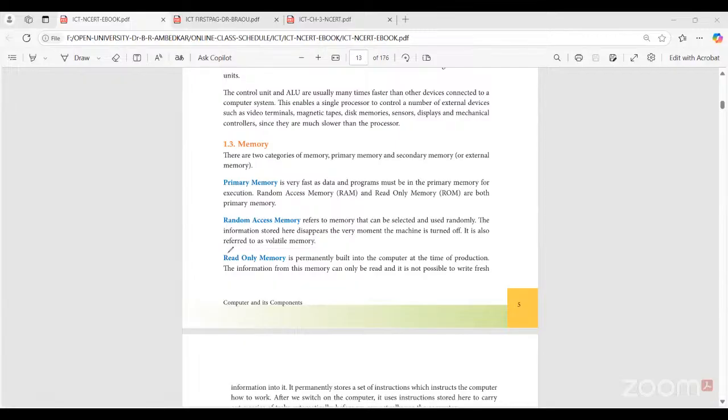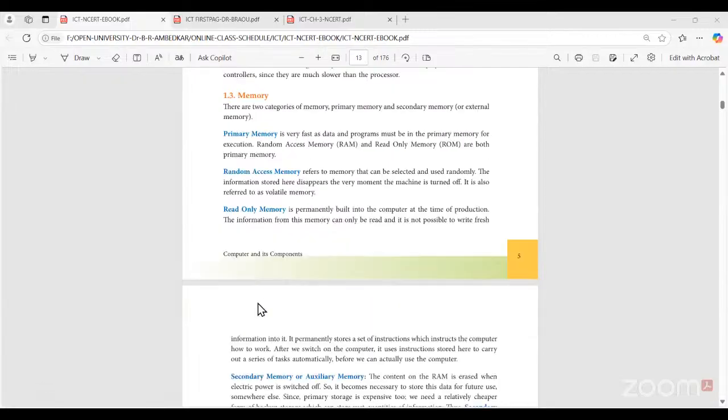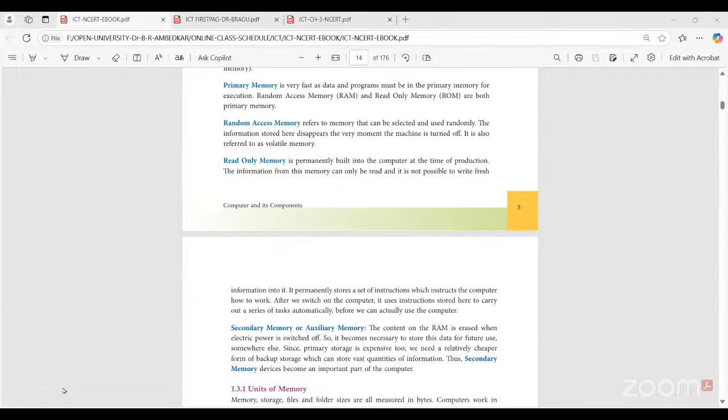Next one is ROM, read-only memory. Now see, this read-only memory is permanently stored. It permanently stores a set of instructions. The instructions are nothing but a kind of data, you can understand. It is data or information.